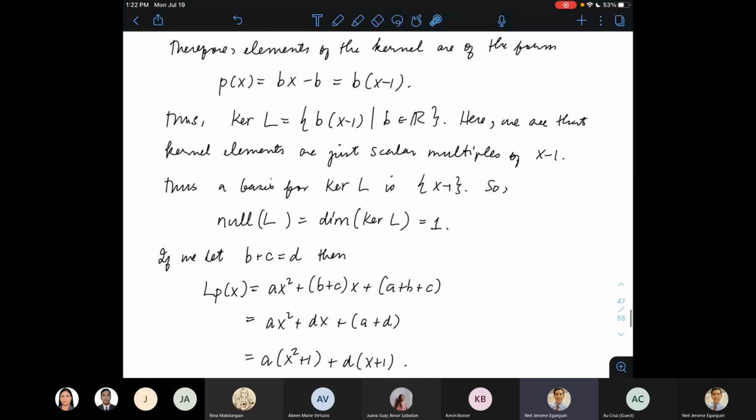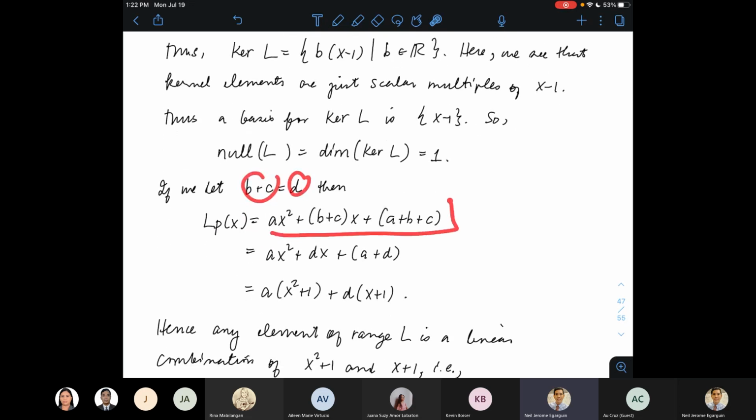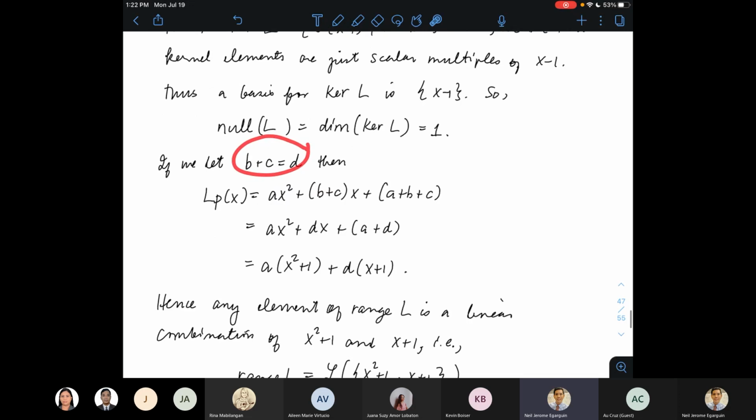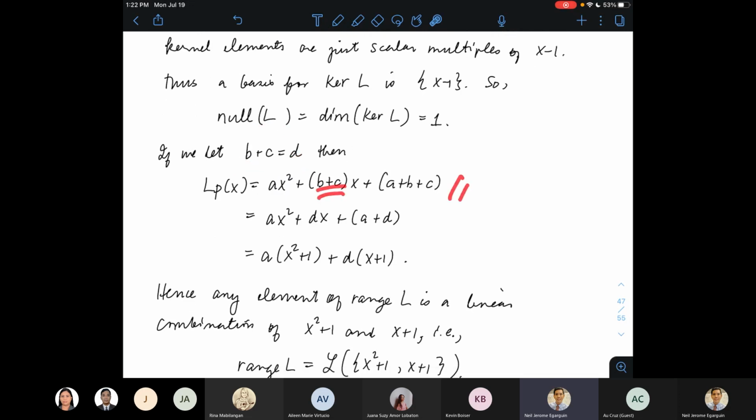I will use a change of variable. I'll say, okay, for the sake of what is to follow, I will replace b plus c by d. So remember, ito yung itsura ng mga elements ng range. With the change of variable, I can replace b plus c by d.